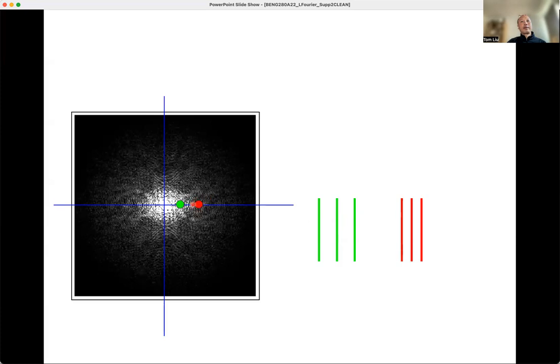Now this has a larger value of kx. So anything with energy out here would correspond to a component with a smaller period, all right? Here this is black, meaning the signal doesn't have any energy out here at these high frequencies. It's only at these relatively low frequencies that we have contributions for terms like this.